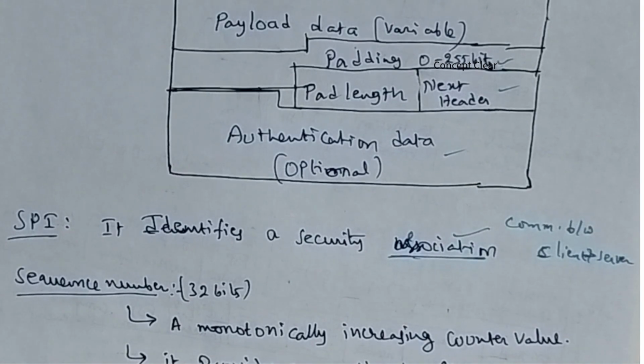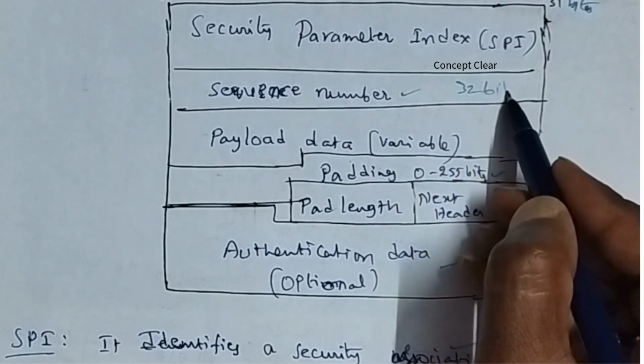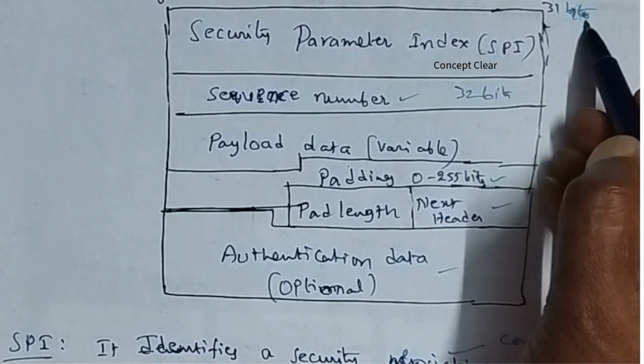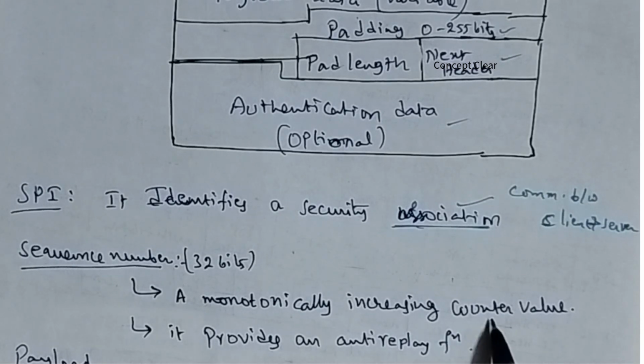Next one is the sequence number. It also contains 32 bits. The sequence number is a monotonically increasing counter value. It is just a number. Every packet contains one sequence number, following the sequence.